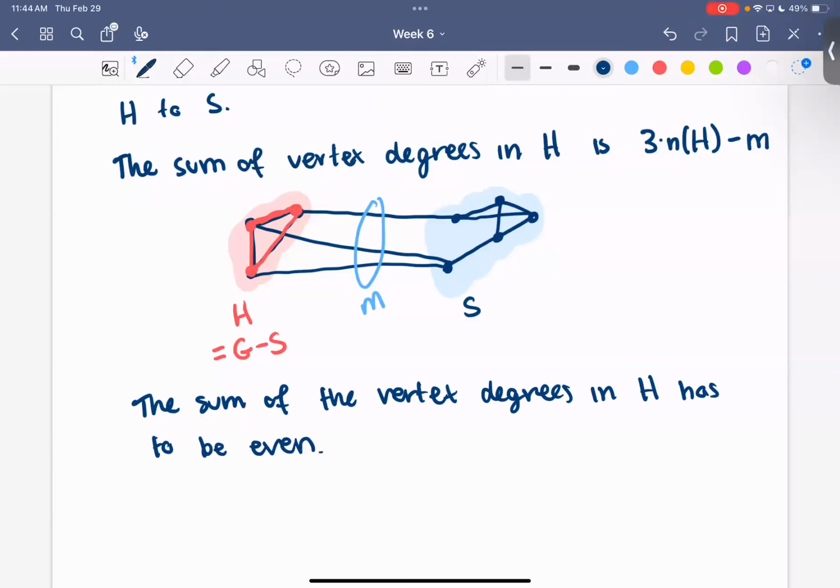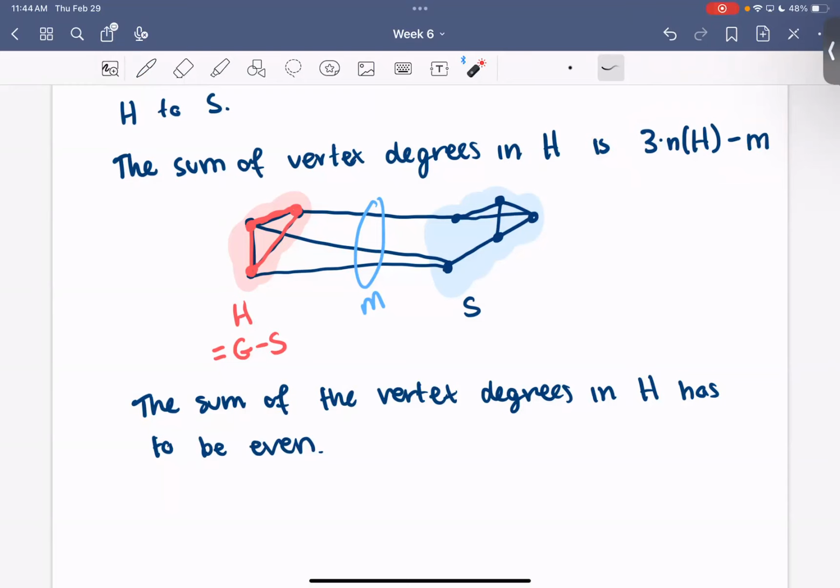Let's recall the handshake lemma. What did we do when we summed up the vertex degrees? We counted every edge twice, right? Because we counted it once coming from the left vertex and once coming from the right vertex. So this number has to be even.